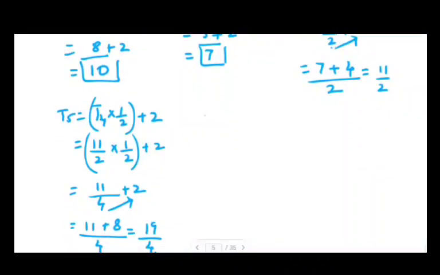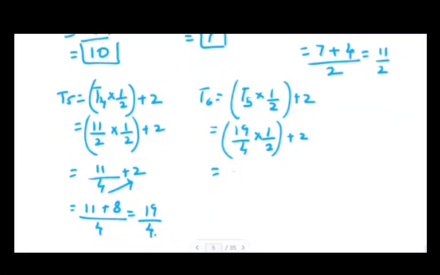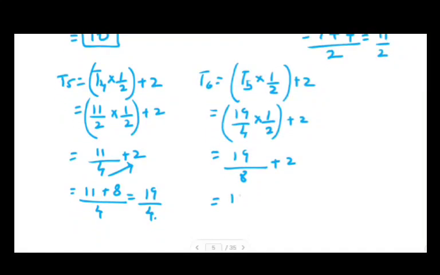Yes, so the sixth one, term 6 is equal to T5 into half plus 2. T5 is 19 upon 4 into 1 upon 2 plus 2. 19 into 1 is 19, 4 2s are 8 plus 2. 19 plus 8 2s are 16 upon 8. 19 plus 16 is 35. 35 upon 8.